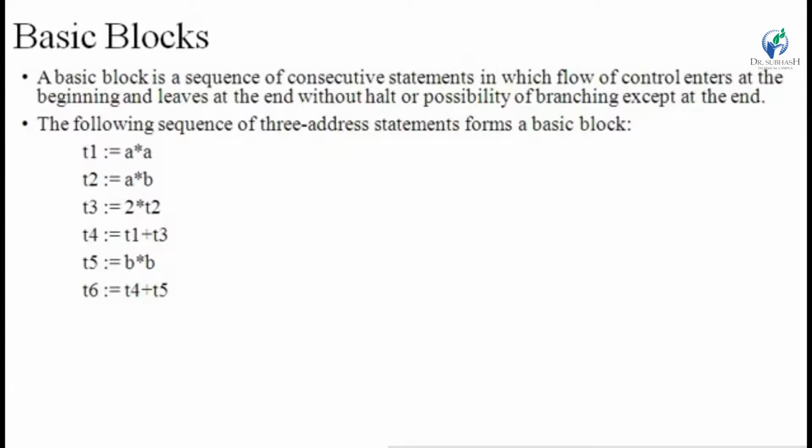So some terminology used in basic blocks: a 3 address statement x is equal to y plus z is said to define x and use y or z. A name in a basic block is said to be live at a given point if its value is used after that point in the program, or maybe in another basic block.